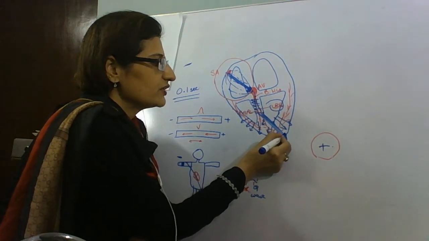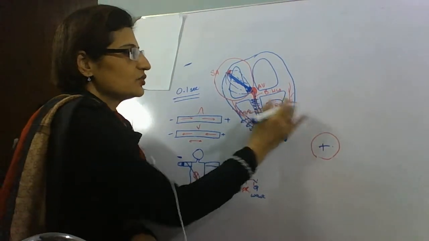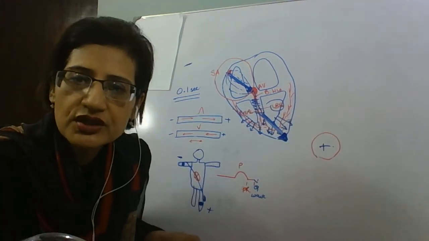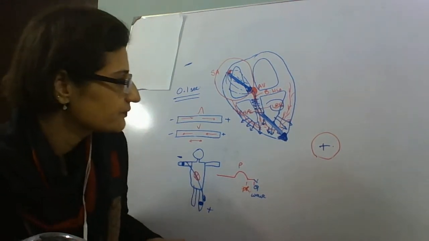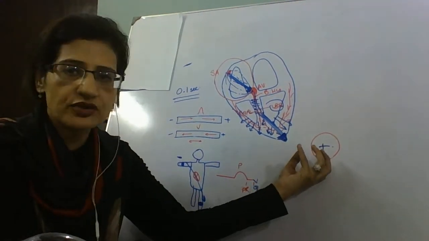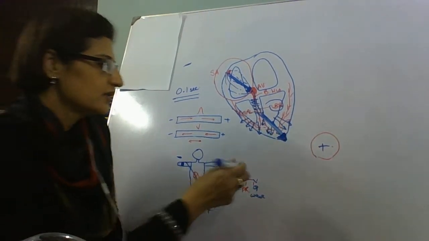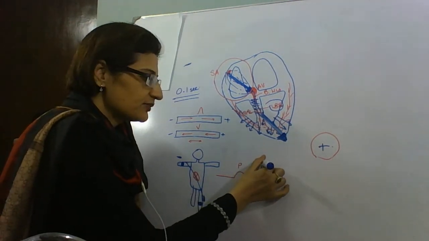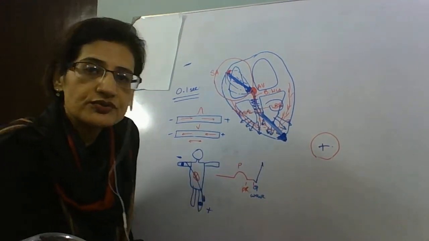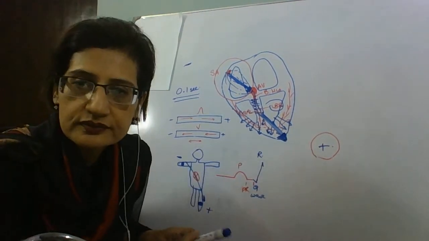This is the net of the small impulses which are taking place throughout the wall of the ventricles to the Purkinje fibers. Now looking at it from the positive eye, what do you see? A positive deflection, right? So this is the positive deflection which you find in the form of the R wave, right?